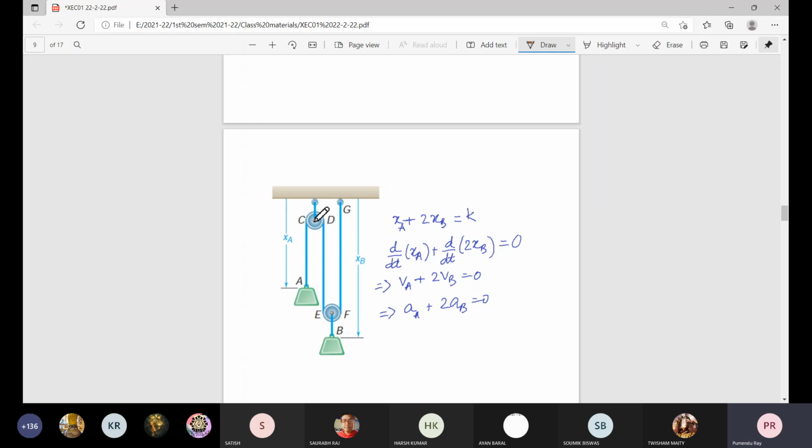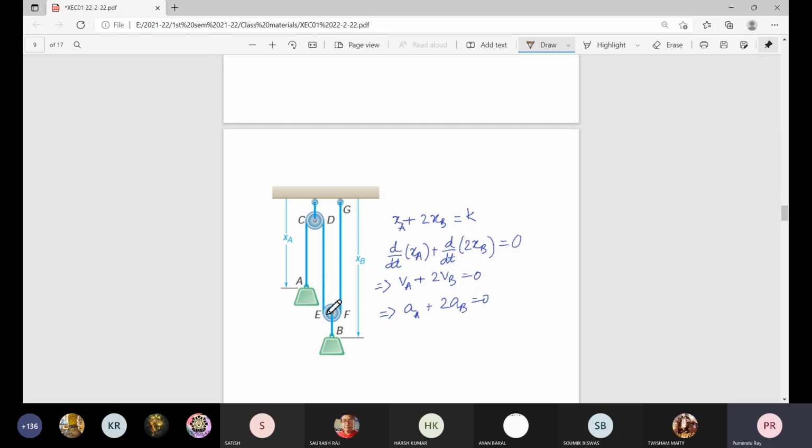Here is a fixed pulley, attached to the ceiling. And over this pulley, a rope is placed in this way. One end is attached to the ceiling at location G. At this end, one block is hanging at this end A. Maybe mass is M subscript capital A. Now, for the remaining part of the rope, we place one pulley.